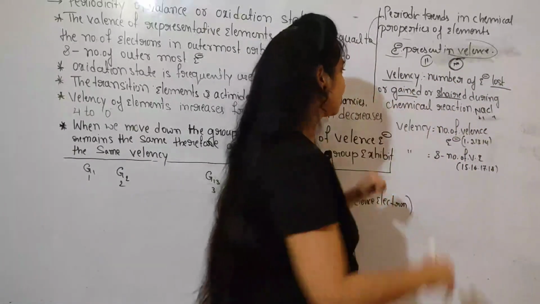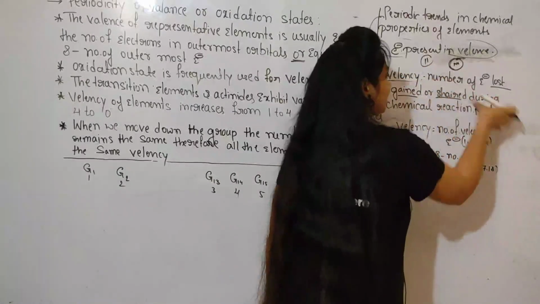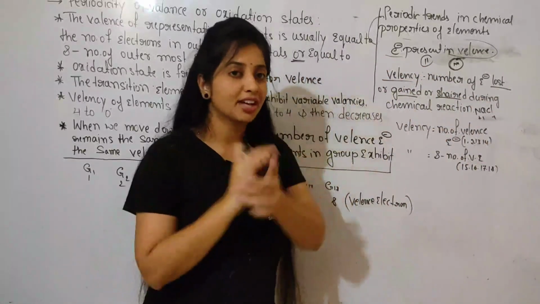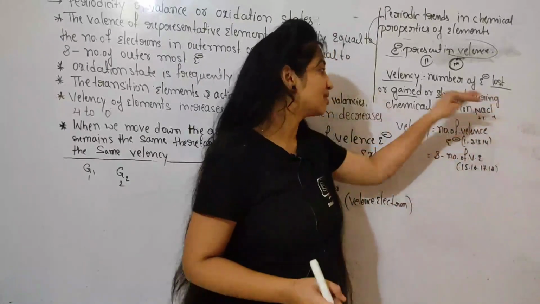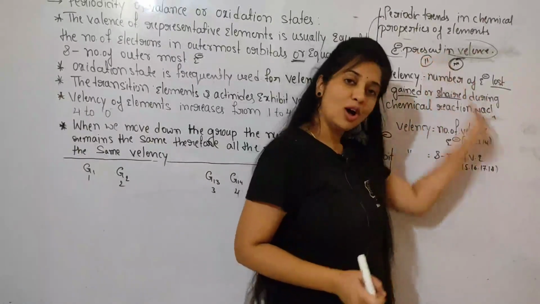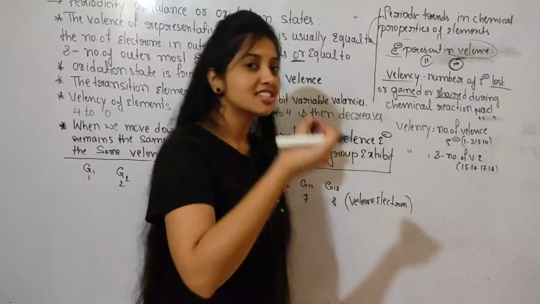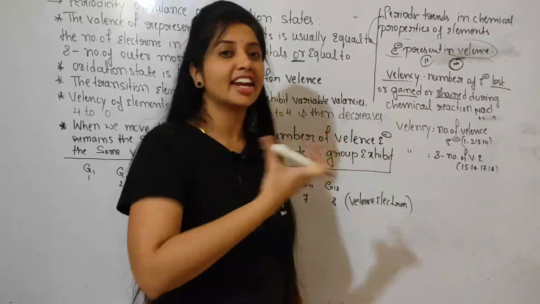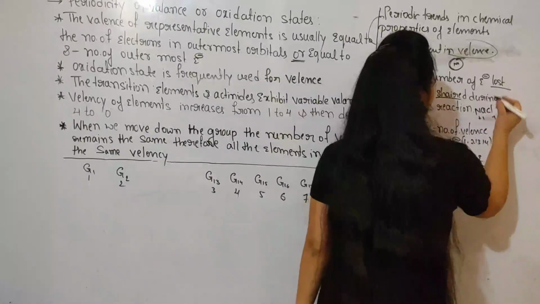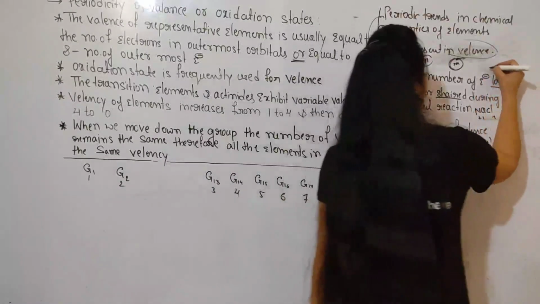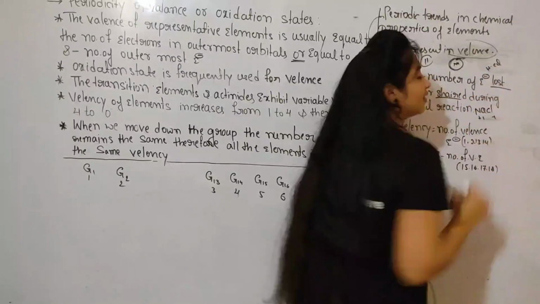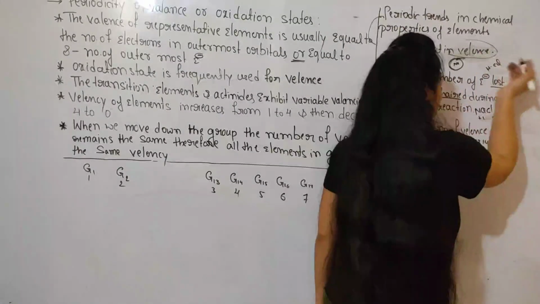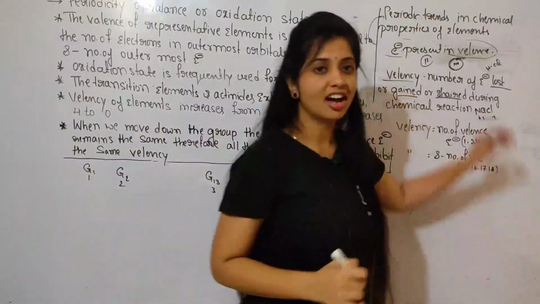So like this, when a chemical reaction takes place, some elements gain electrons, some elements lose electrons, and some elements share electrons. For example, consider HCl. Here hydrogen shares 1 electron with chlorine, and chlorine shares 1 electron with hydrogen.